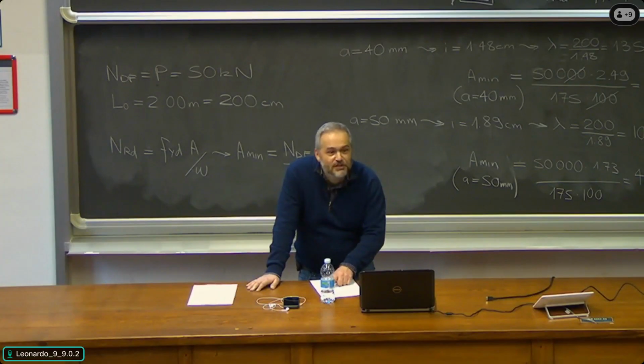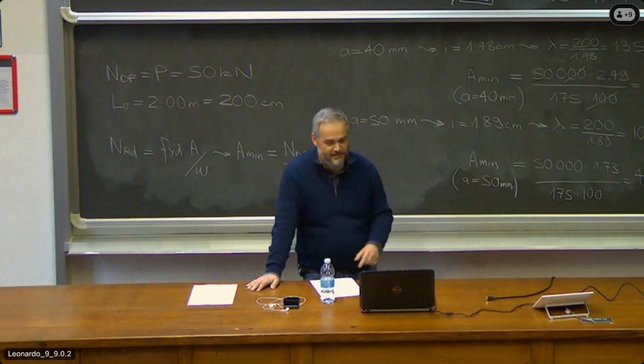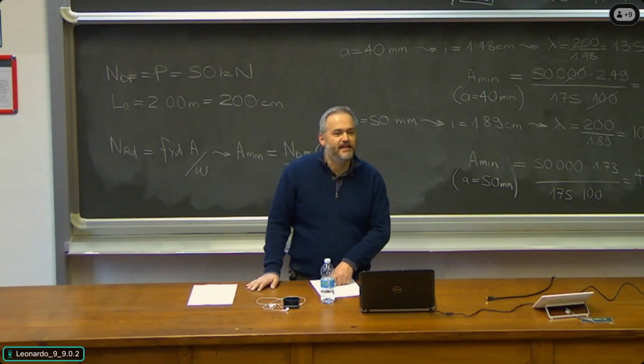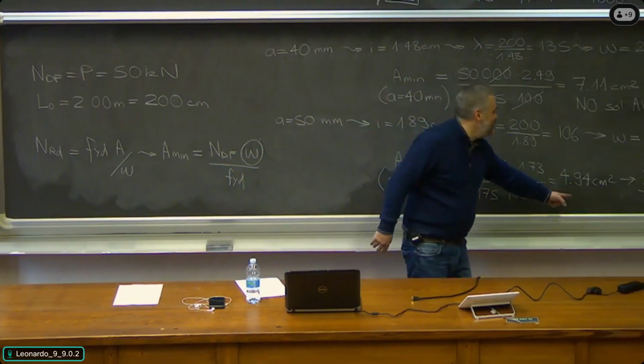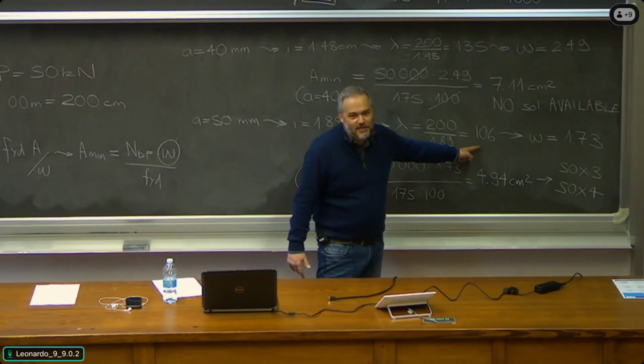It has an area which is 4.64, okay? Close to this, and the weight which is less. One could say, yeah, but the area is smaller. Yes, of course, but I worked out this area with a slenderness which is 106. In the case of group with A equal to 60, the slenderness will be definitely lower.